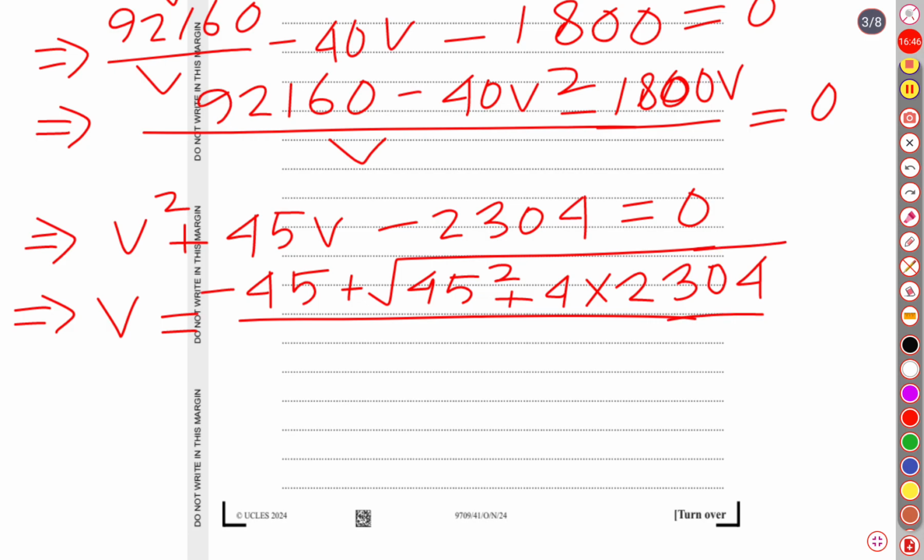Well, hence our V is going to be over 2A, so A is 1. Let us do this calculation.